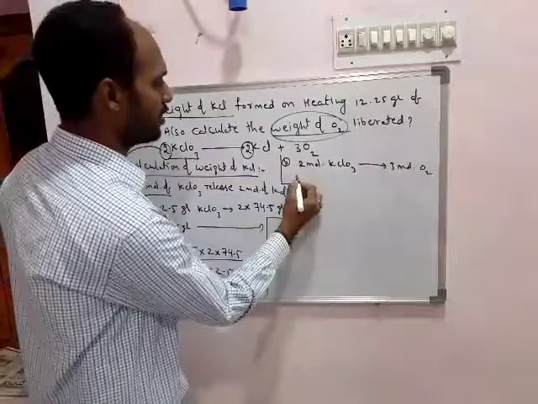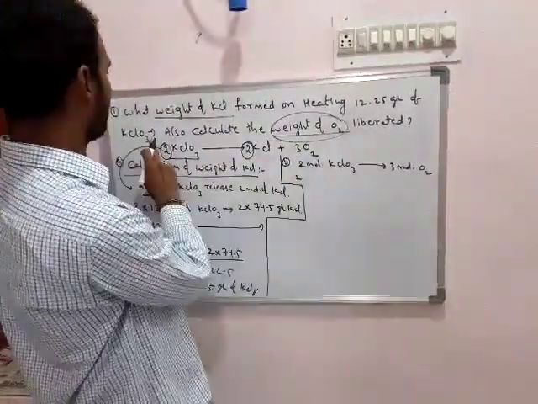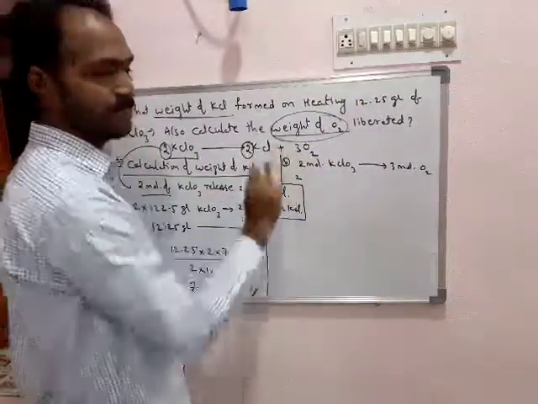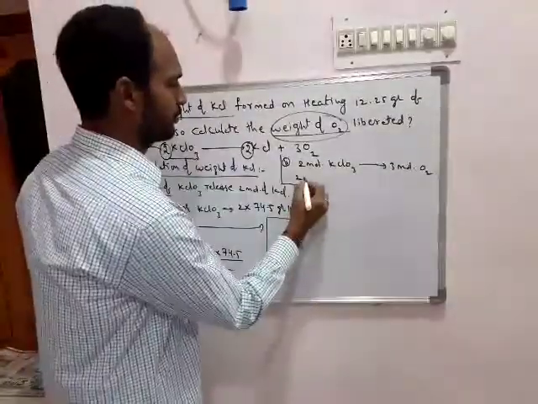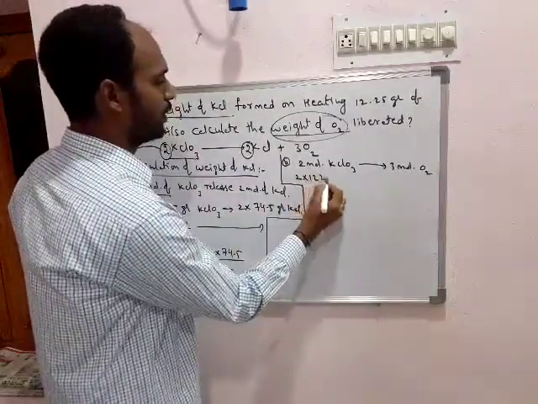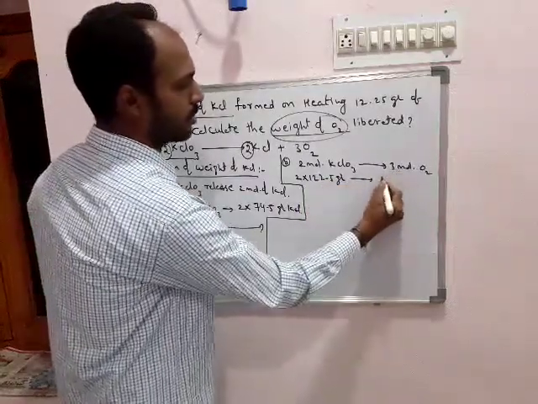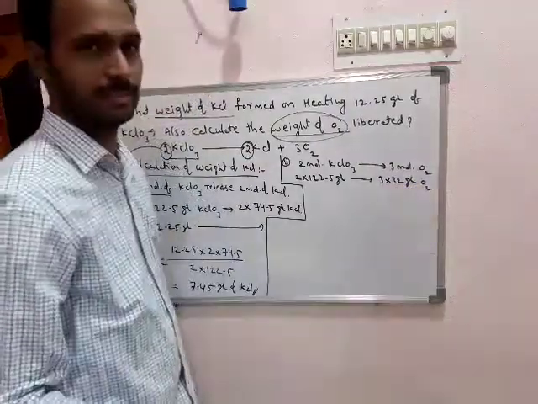KClO3 is given in terms of weight and oxygen is also asked in terms of weight, that's why here we convert the moles into weight. So 2 into 122.5 grams of KClO3 can produce 3 into 32 grams of oxygen. Simple.